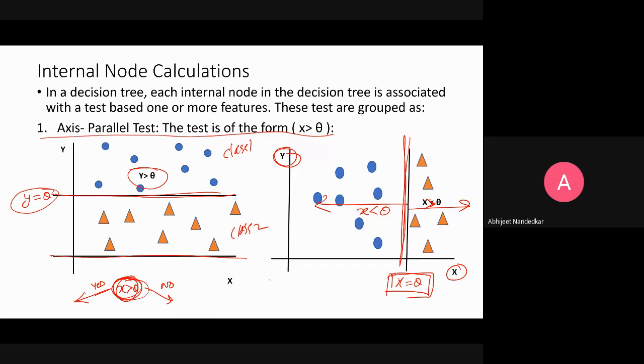Suppose I have x, y, z, and some z dash as my 4 features. At each node, I am considering only one feature, maybe at random, but one feature at a time. That means I am implementing an axis parallel test at each node.